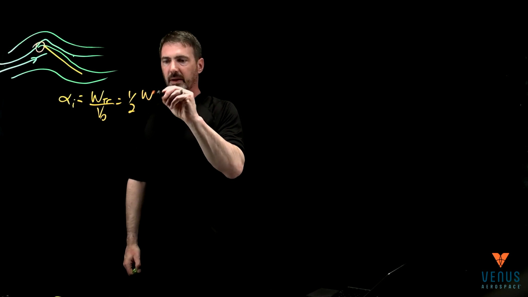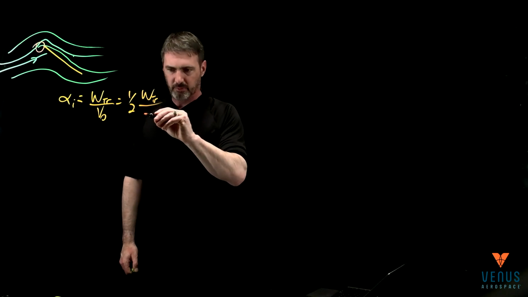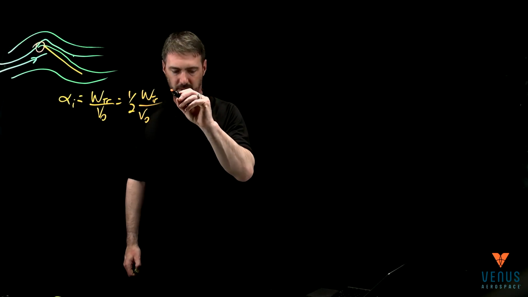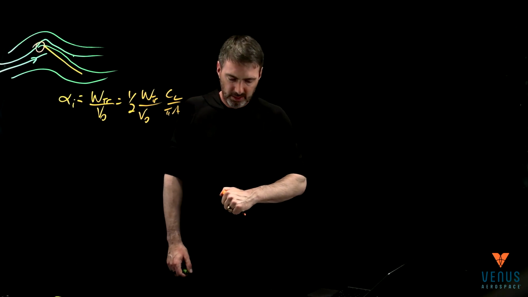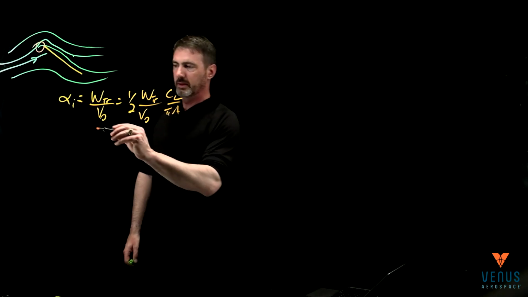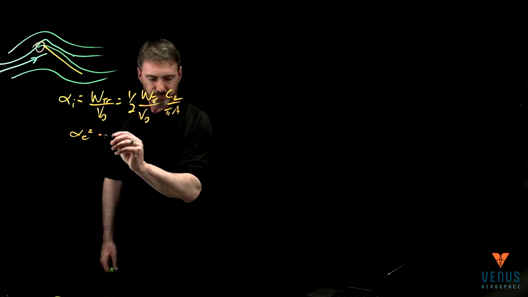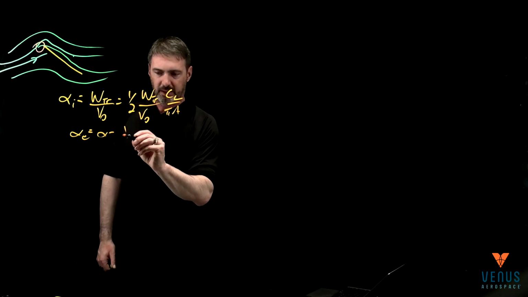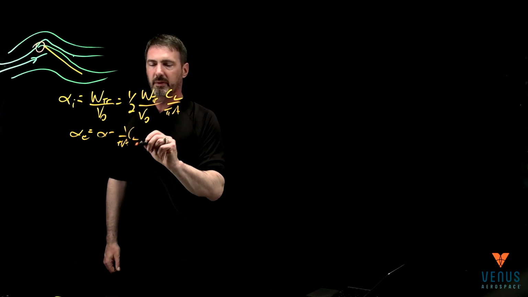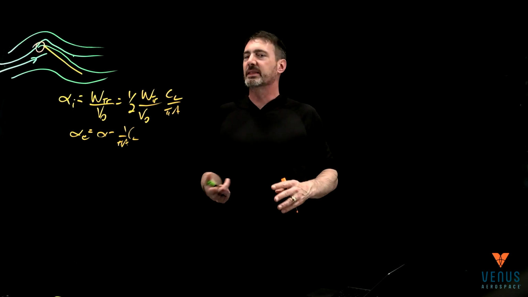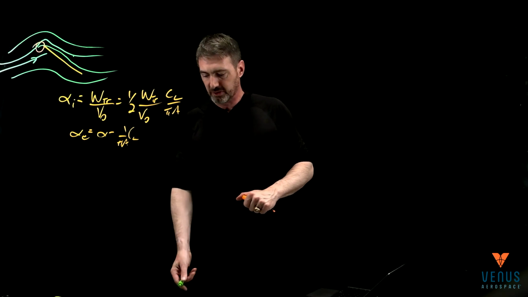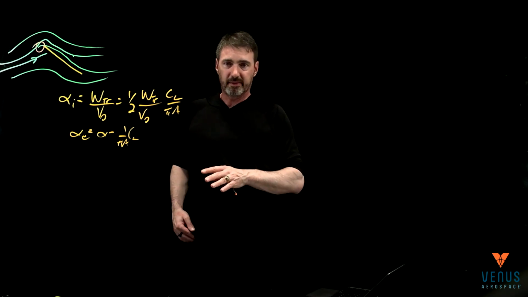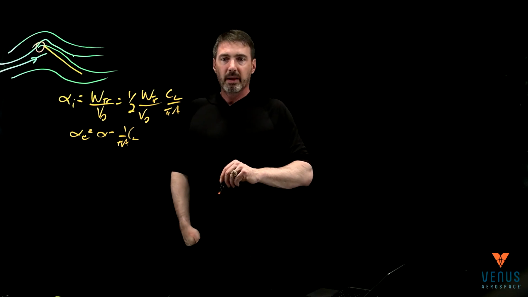That's one half, again that downwash, V0, and then lift over pi aspect ratio. With this, you can see it's an effective angle, which is alpha minus that 1 over pi a lift. We see this in fluid mechanics, absolutely, and potential flow also gave us this. That was pretty neat.